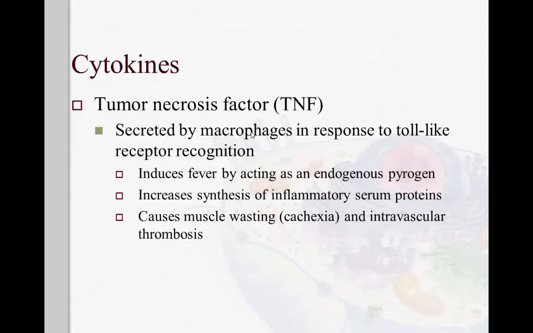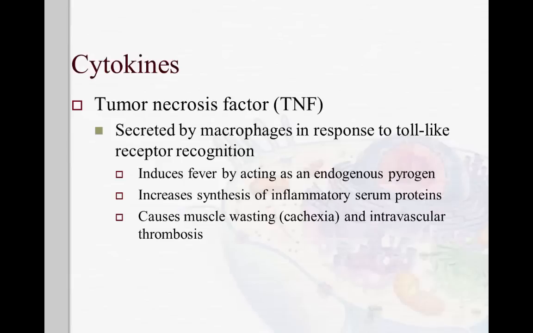Tumor necrosis factor. Tumor necrosis factor basically is a pro-inflammatory mediator as well that is present in the endothelial cells, produces fever, increases pro-inflammation in the liver, causes muscle wasting.